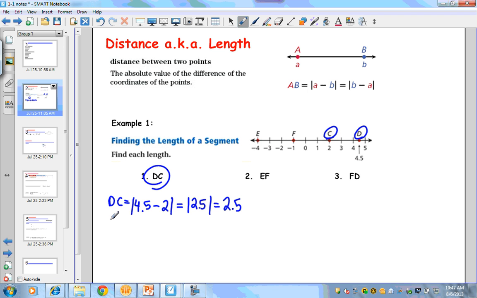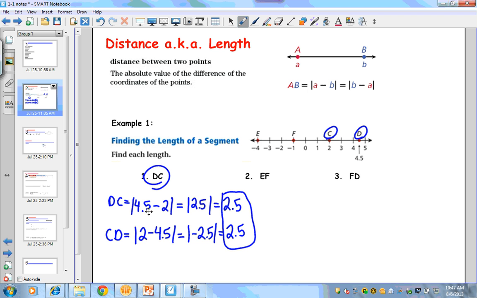But let's say if you wanted to do it in the reverse way, which is CD, that would be absolute value of 2 minus 4.5. When we do the math, we get absolute value of negative 2.5, which ends up being 2.5. Either way, you're going to get the same answer. The only thing to remember is that you're always subtracting the difference of the 2 points as well as using the absolute value symbols.